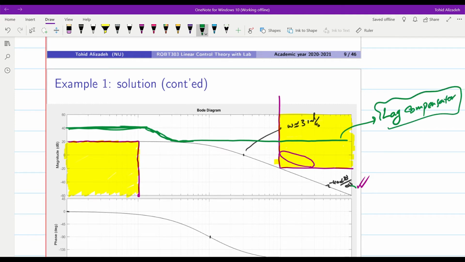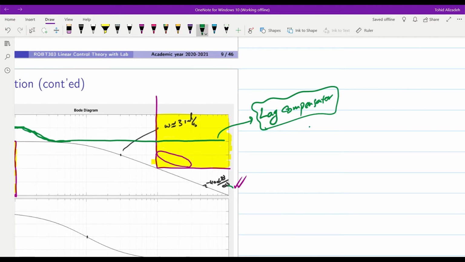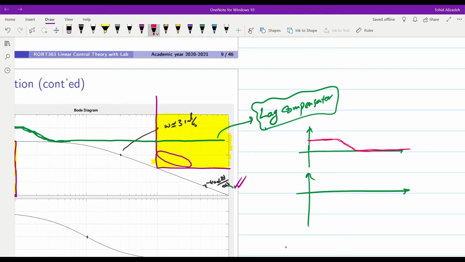Because if you remember, for the lag compensator, we have this kind of frequency domain behavior. The amplitude at low frequencies is a given value, then it goes back to 0. At high frequencies, it will be 0. And in terms of the phase, we will have some negative phase injected to our system.